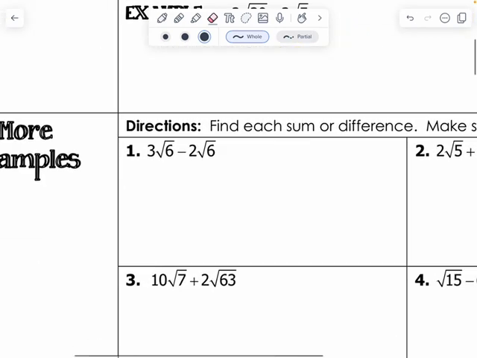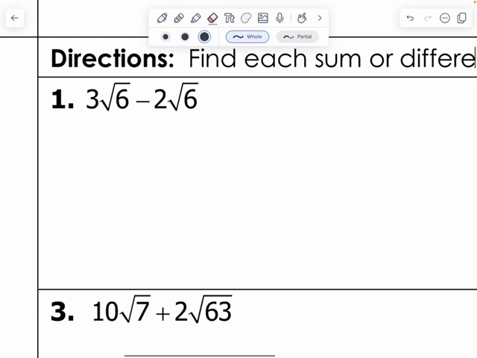So let's come over here to example 1. The first thing we need to look at is whether all of our radicals are simplified. Radical 6 is simplified. Radical 6 is simplified. So they're simplified and they're the same. So we can say 3 radical 6 minus 2 radical 6.